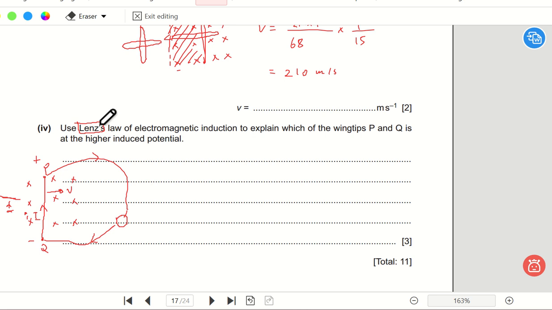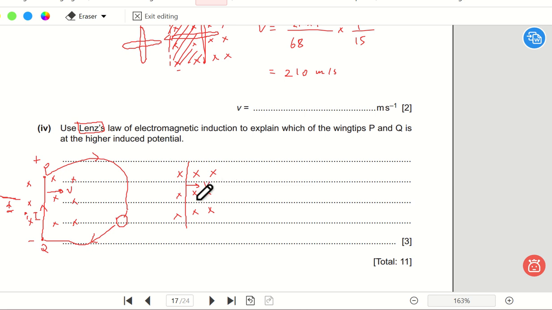use Lenz's law. How can we apply Lenz's law here? Again, as the field is into the page and we have the movement of the wings to the right, from Lenz's law we should have an opposition to this change, the change of moving to the right in the magnetic field.